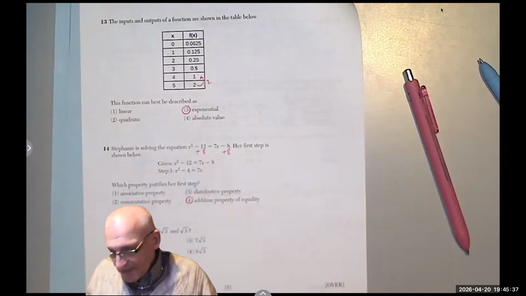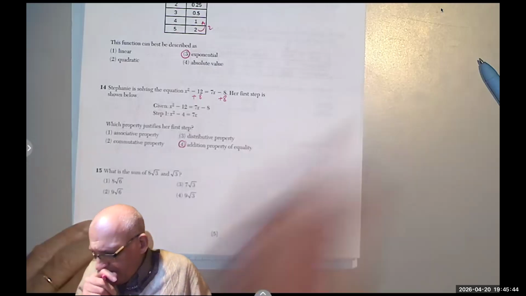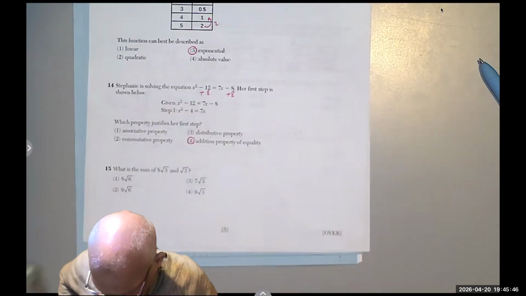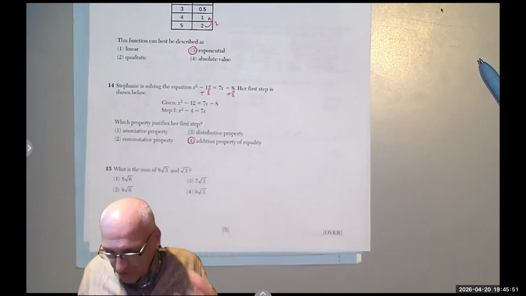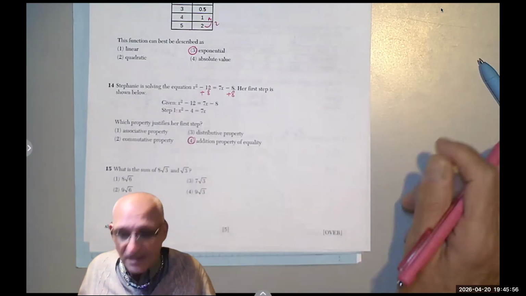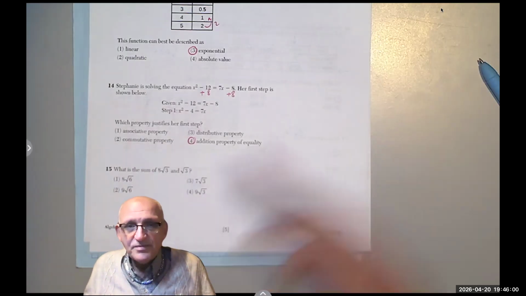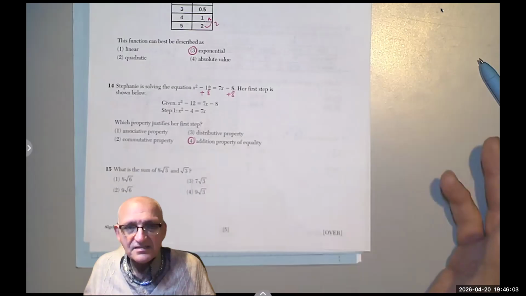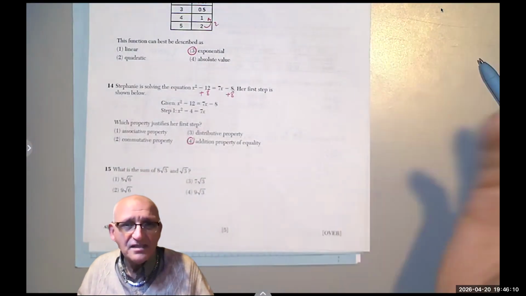Okay? So that's it. What is the sum of 8 root 3 and root 3? Well, guys, I've seen students have trouble with that. This is the easiest thing in the world. Instead of root 3, square root of 3, think of x, for example. 8x and x is 9x. 8 tens and a 10 are 9 tens, right? 80 plus 10 is 90.